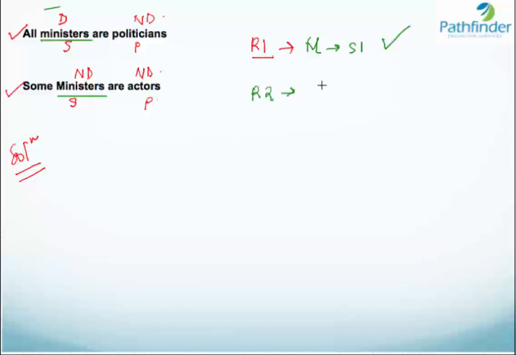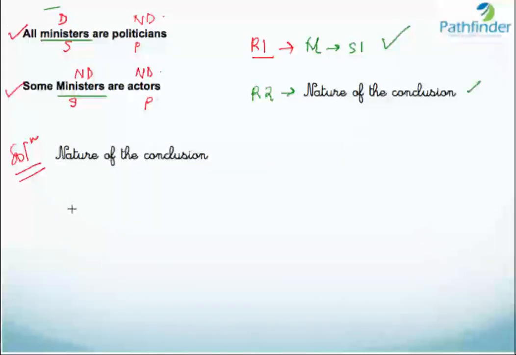Rule number 2 talks about the nature of conclusion. And in this case, since one of the statements is universal and another is particular, the conclusion should be particular. And both the statements are affirmative. Therefore, the conclusion must be affirmative.